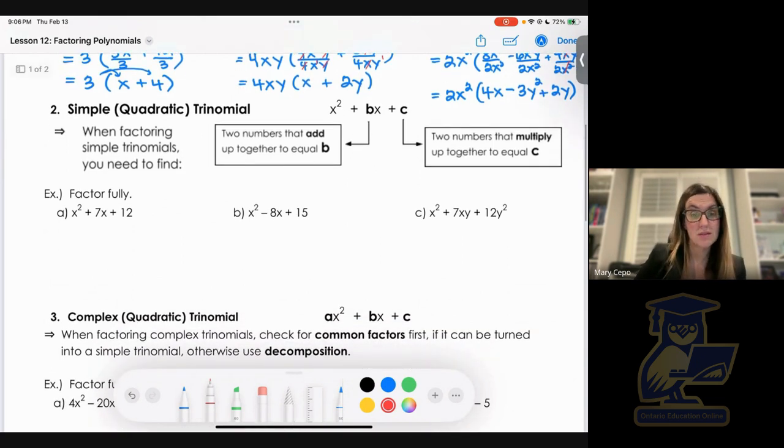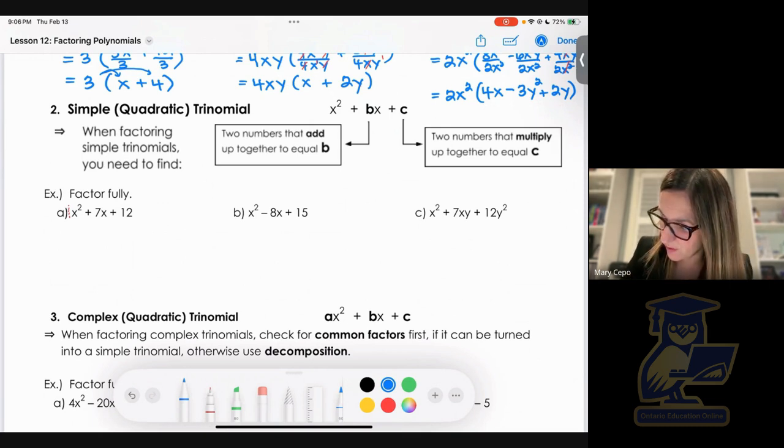The reason why this is considered a simple trinomial: we know trinomials have three terms, and the coefficient in front of x squared is always 1 with a simple trinomial. So we need to figure out two numbers that added together equal 7, which is our b.